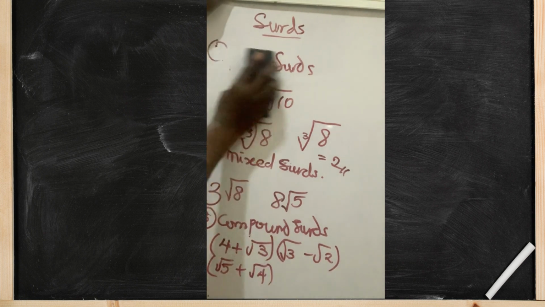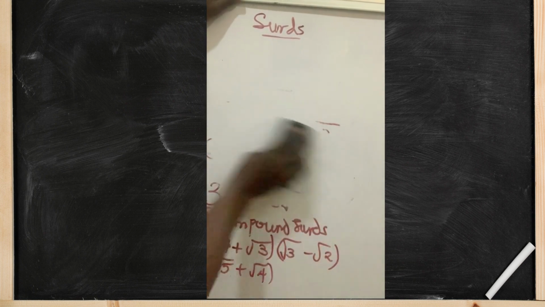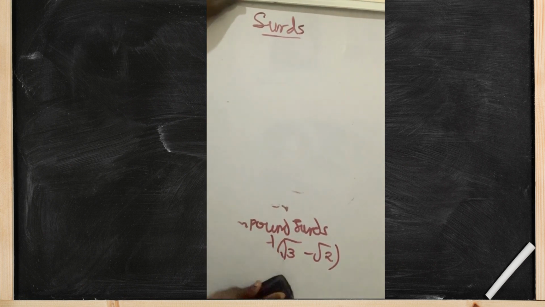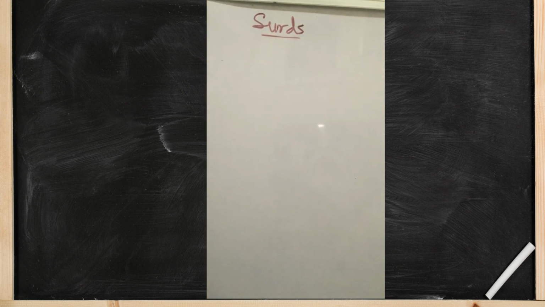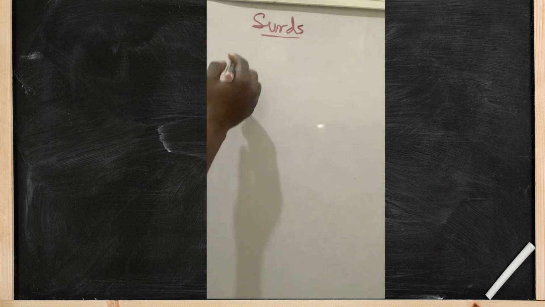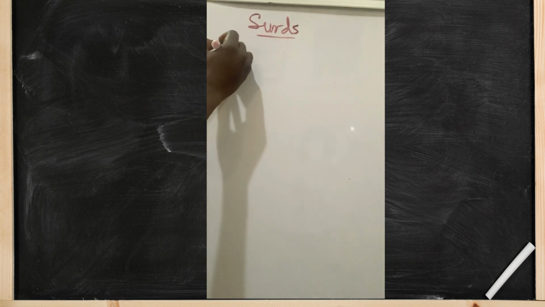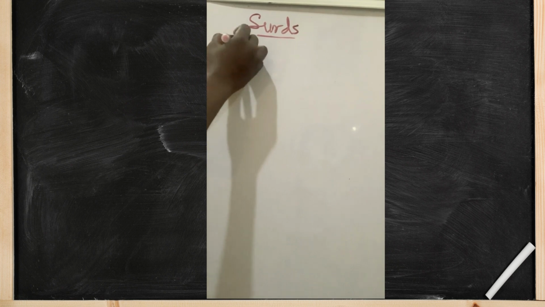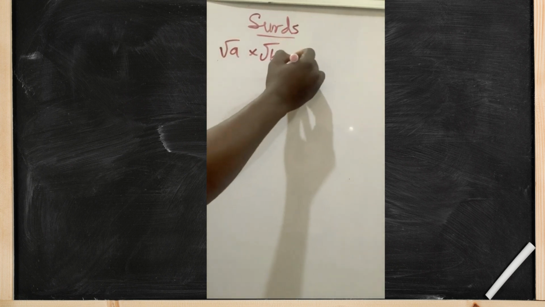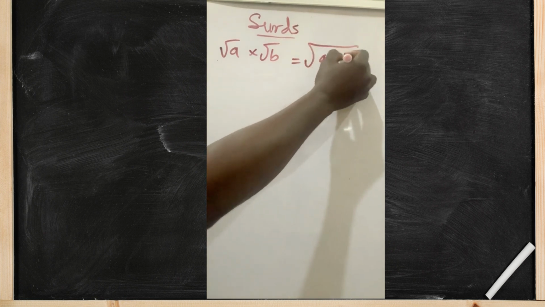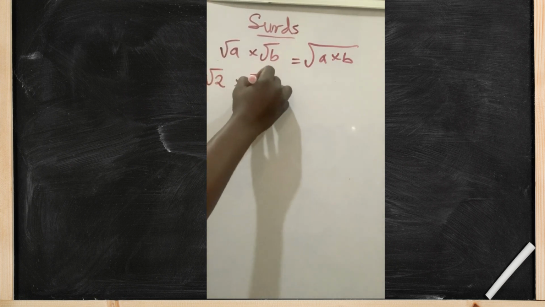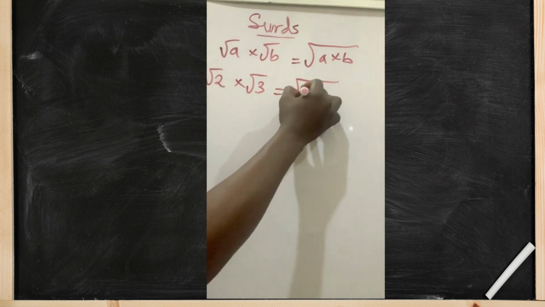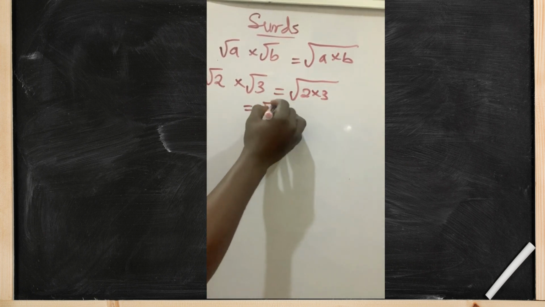So moving forward, going to the rules of surds. One of the important things we always need to note when it comes to surds is that surds can be multiplied, meaning A times B, under the root, is equal to the root of A times the root of B. We are saying the square root of 2 times the square root of 3 equals the square root of 2 times 3, and that's the square root of 6.